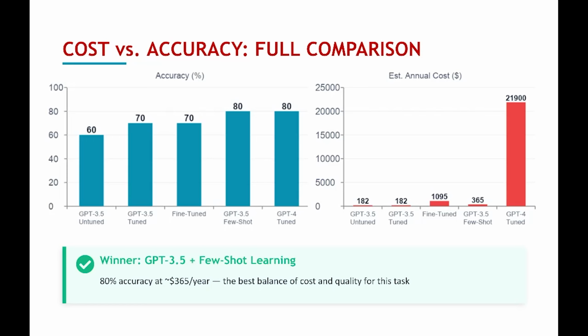Fine-tuning sits in between at 1095 with only 17% accuracy. The clear winner for the task is GPT 3.5 with few-shot learning, which is the best cost-quality trade-off. But remember, this depends on the specific task, and always evaluate on your own data.